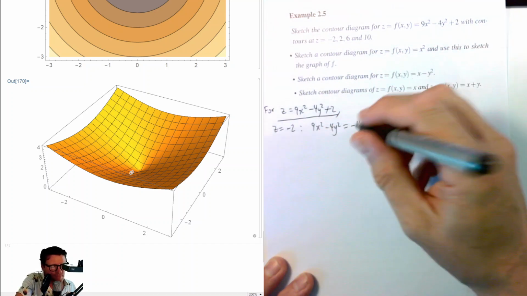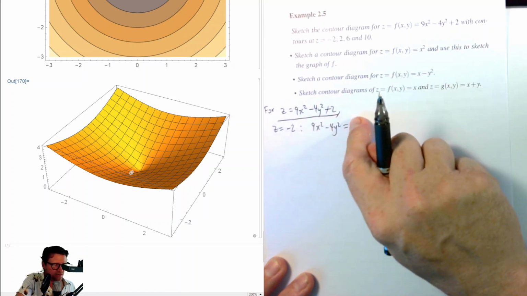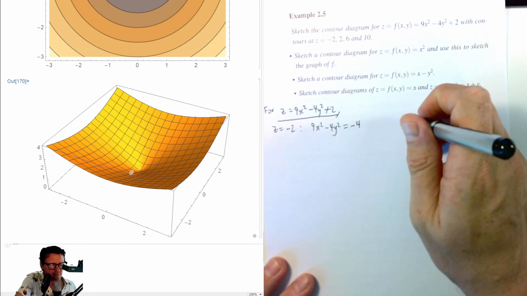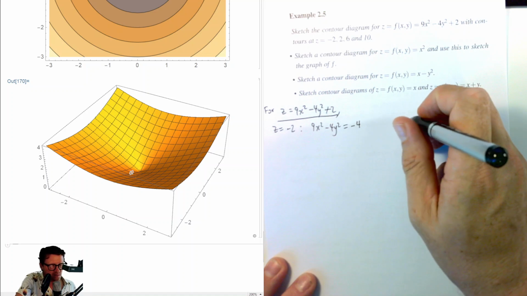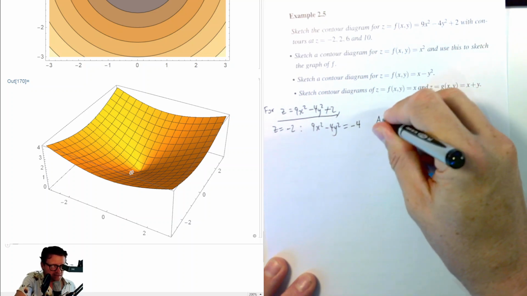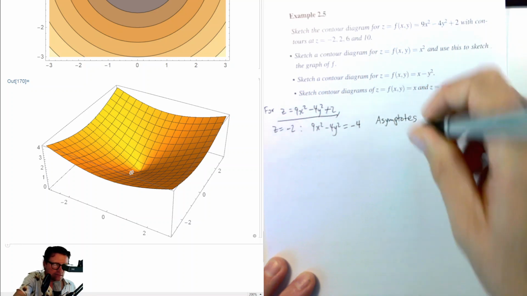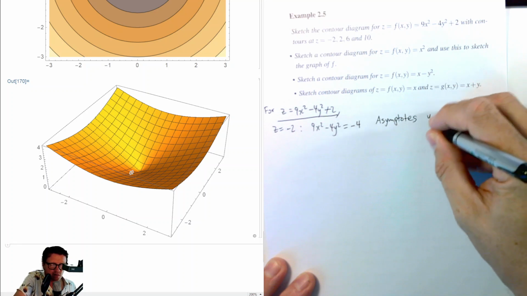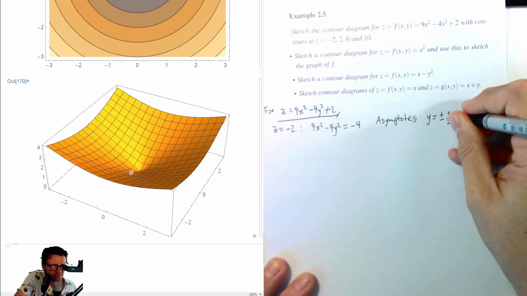But first, maybe we want to find asymptotes. Asymptotes occur when the right-hand side is equal to 0. If we factorize the left, we have 3x plus 2y equals 0 and 3x minus 2y equals 0. So that gives us asymptotes. Dividing by the 2, we'd have y equals plus or minus 3 over 2 x.